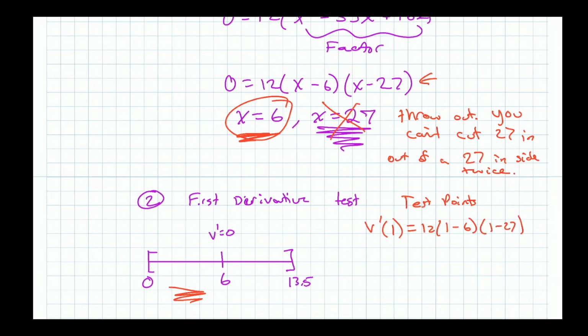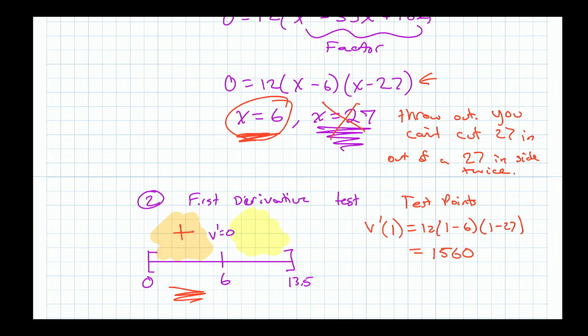What's that number? 12 times negative 5 times negative 26, which is 1560. And that's going to be positive, because you're multiplying two negatives. So this side's positive.